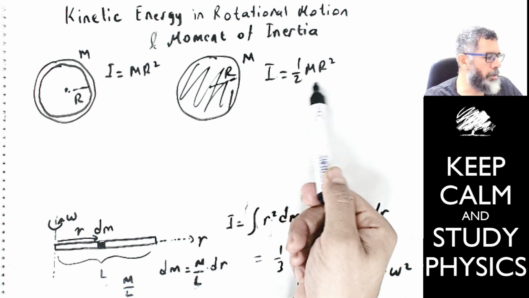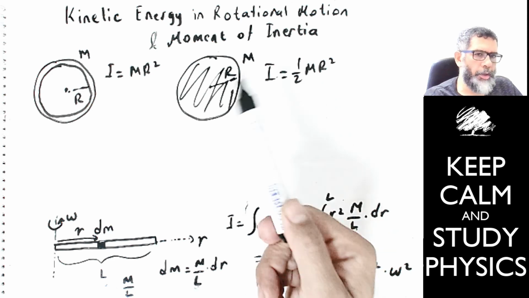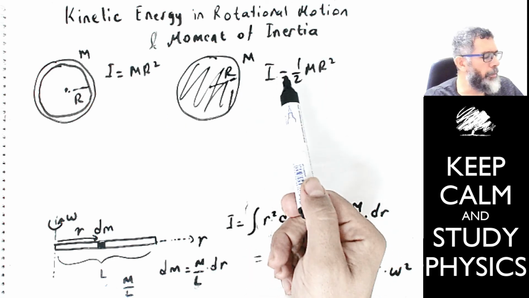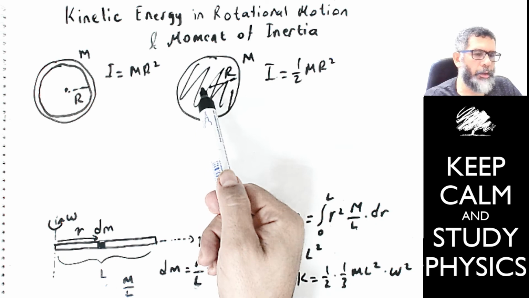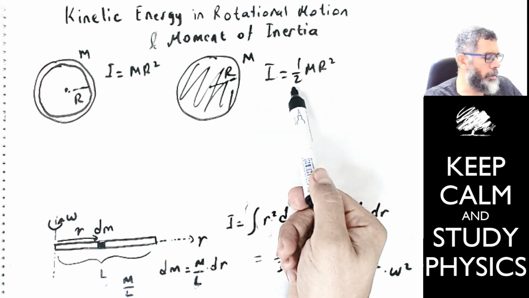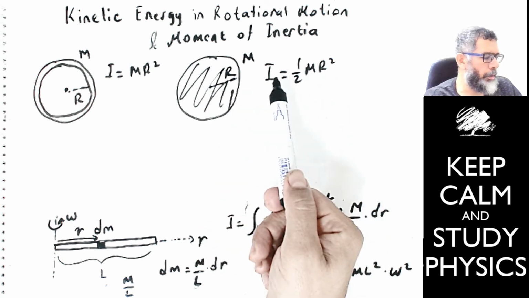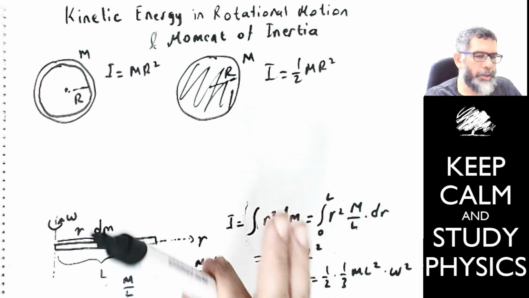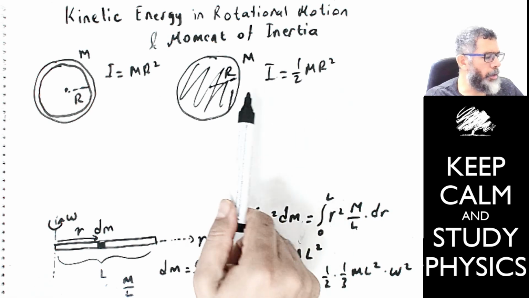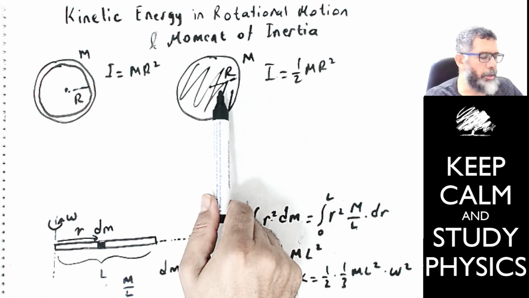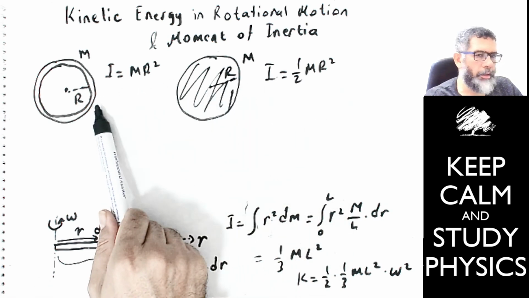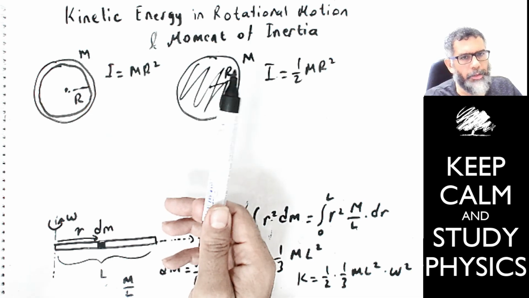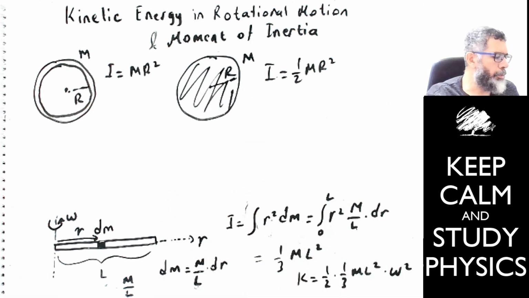This result is reasonable just by thinking. Of course, you can easily calculate this, and it results in 1/2 mr squared, but just by looking at it, it's very obvious that the moment of inertia of the disk is going to be less than the wheel. How much less is up to your calculation anyway.